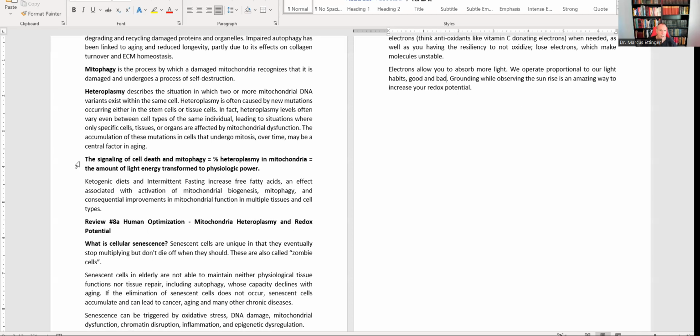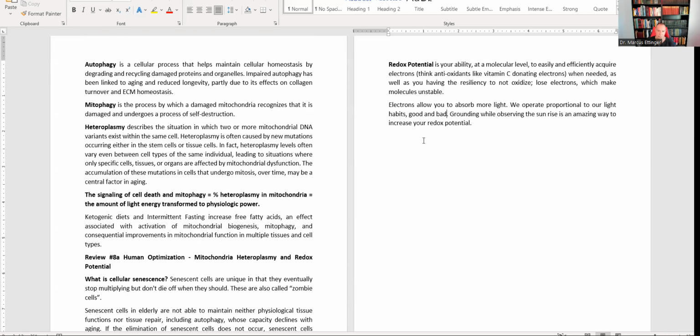Now, the signaling of cell death and mitophagy, so autophagy and mitophagy, equals the percent of heteroplasmy, how much corrupted mitochondria there is, and the amount of light energy transferred to physiologic power. Meaning, in my mind, we operate proportional to our light habits, good or bad.